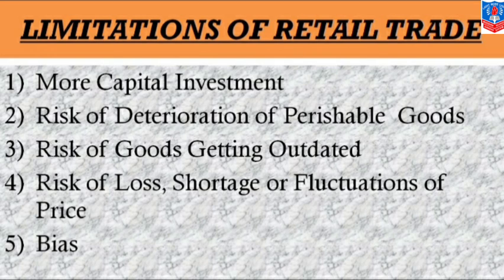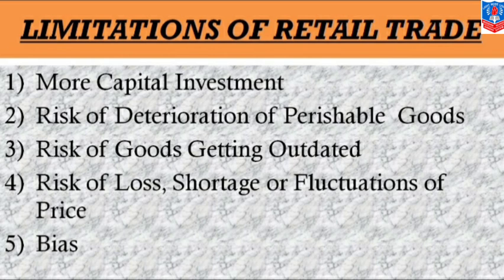Third, risk of goods getting outdated. Certain times the goods or products become outdated due to change in preference, taste, fashion or technology. Then the stock of such goods has to be cleared at cost price or less than the cost price. Fourth one, risk of loss, shortage, or you can say fluctuation of price.